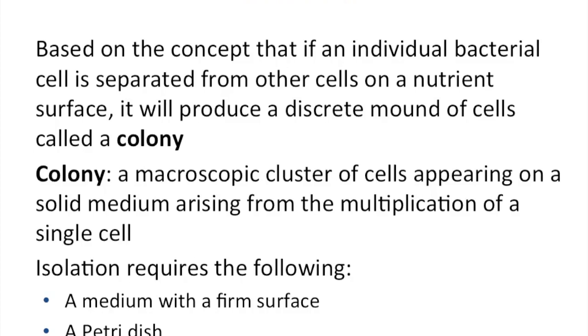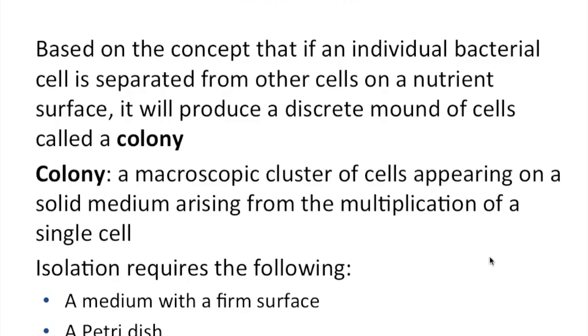Once the microorganism is separated to individual cells, one individual cell can grow to a discrete amount of cells. So this is called colony, okay. So the colony can be visualized by our naked eye, okay.